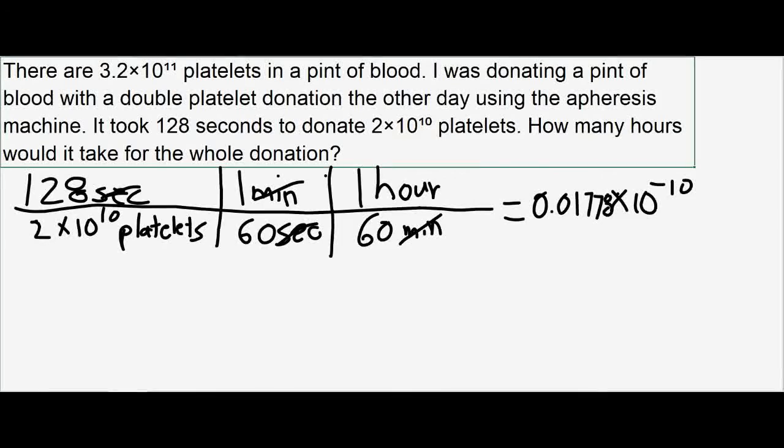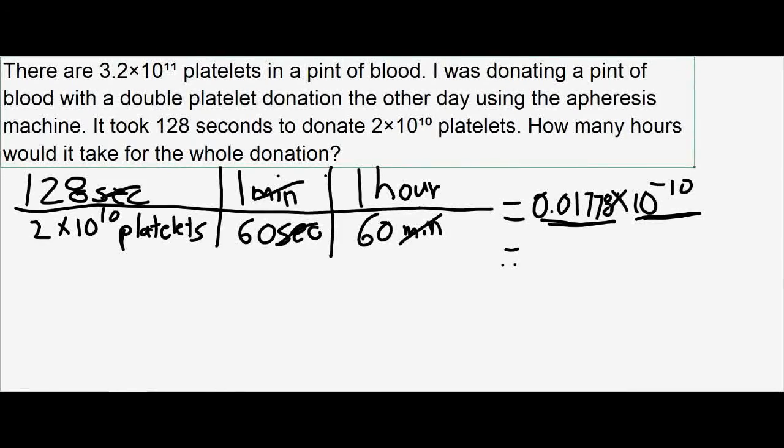But this is not scientific notation because I have my 10 with an exponent, but the number that's multiplied by the 10 has to be between 1 and 10. So I'm going to multiply this part of the number times 100 and divide this part of the number by 100. So times 100, divide by 100.